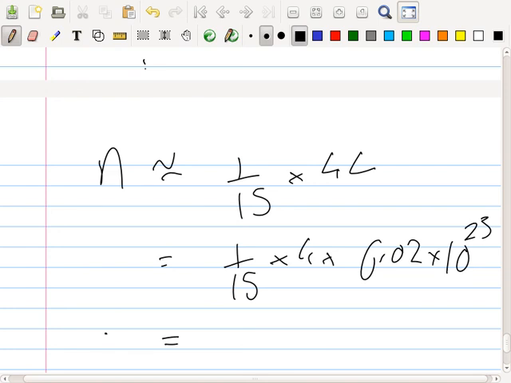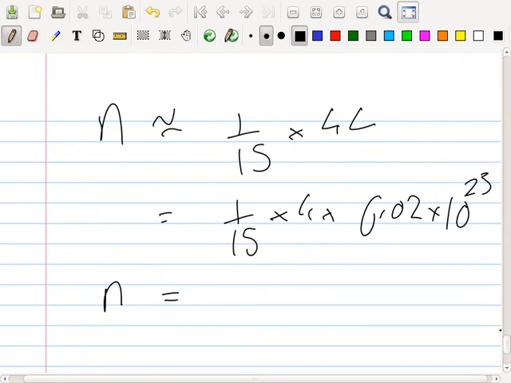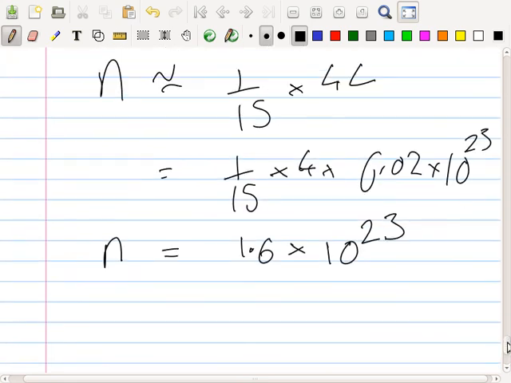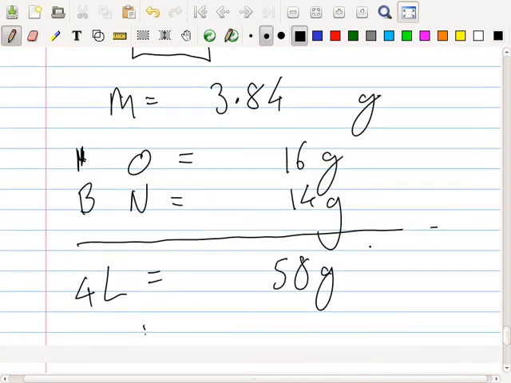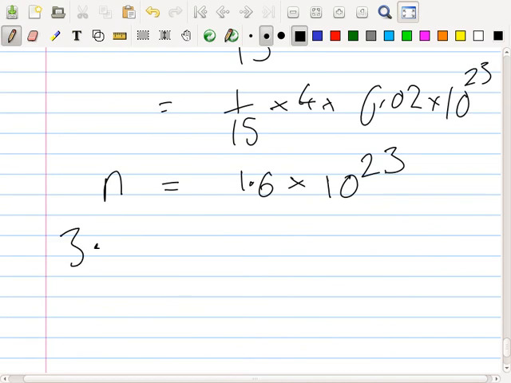Okay, Albert again please, or Jingdong? 1.6 times 10 to the 23. Great. Okay. And what's my mass? I said it is 3.84. So now 3.84 divided by this, what does that equal?